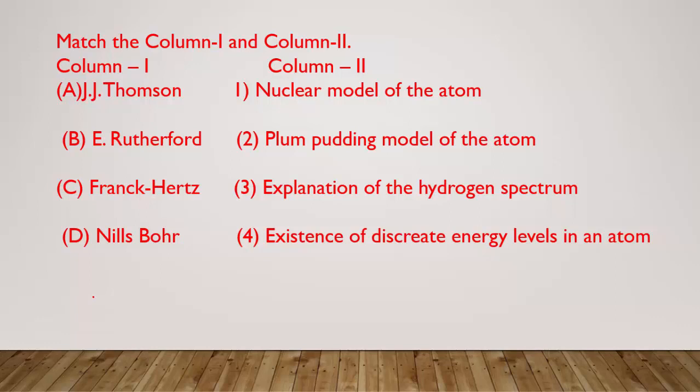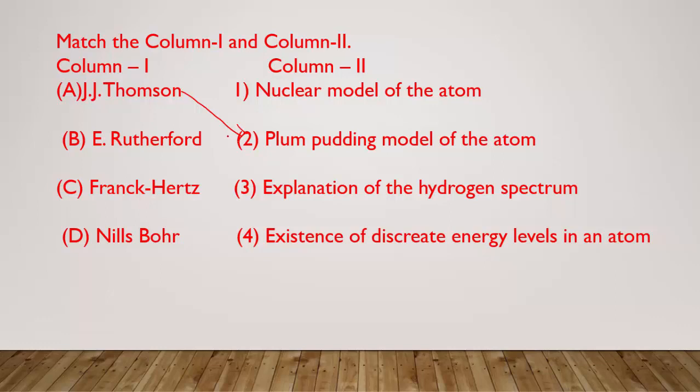According to J.J. Thomson, the positive charge is uniformly distributed throughout the atom and negatively charged electrons are embedded in the atom like seeds in a watermelon. It is also called the plum pudding model.